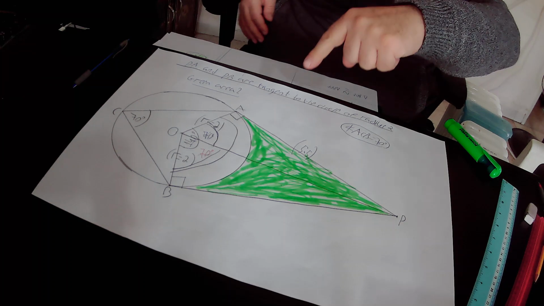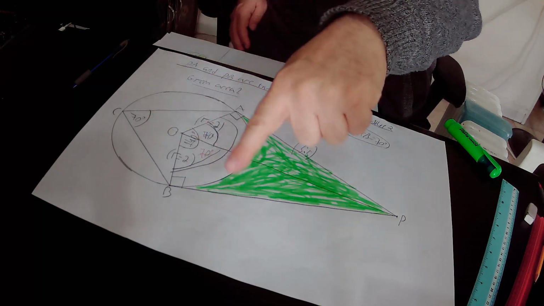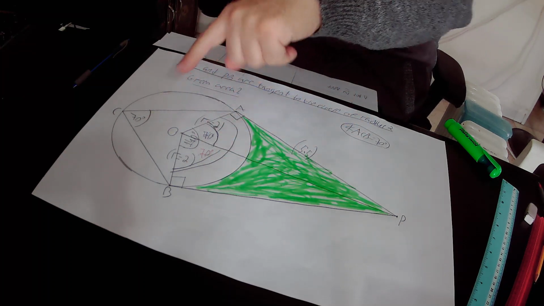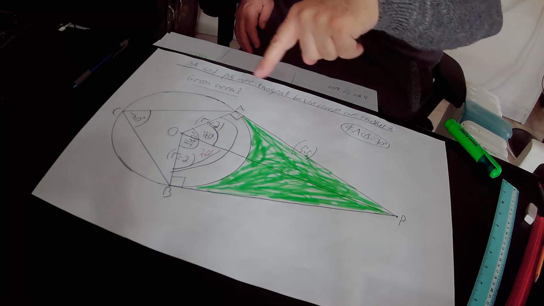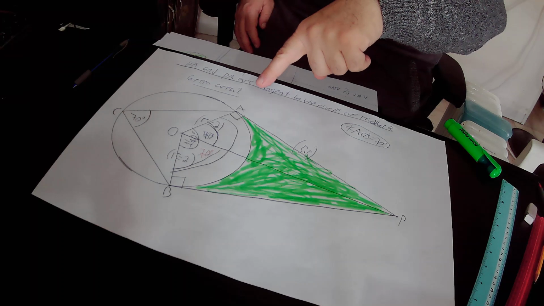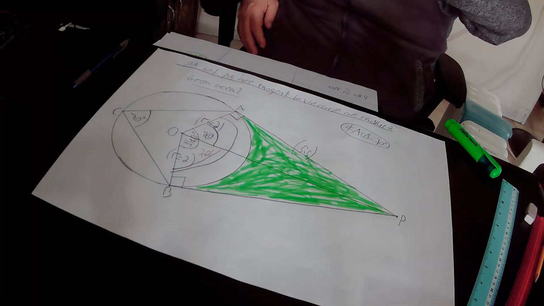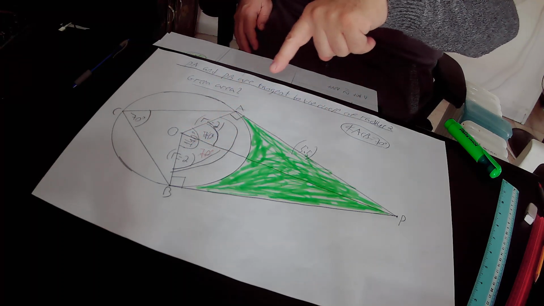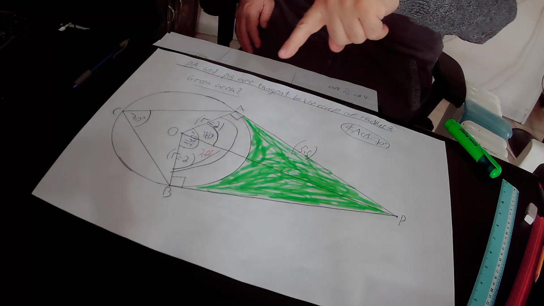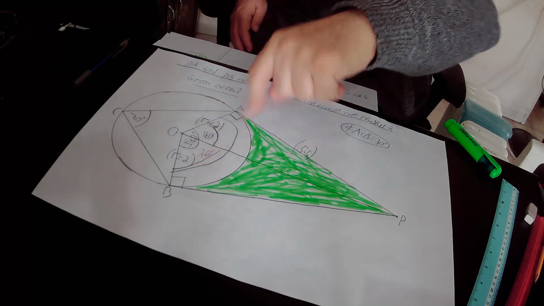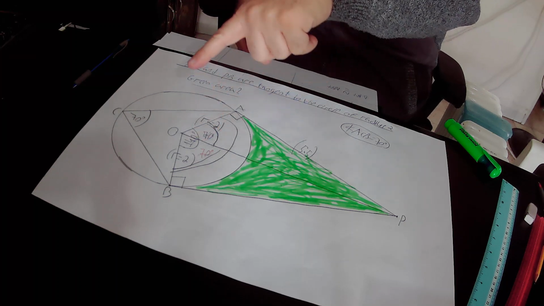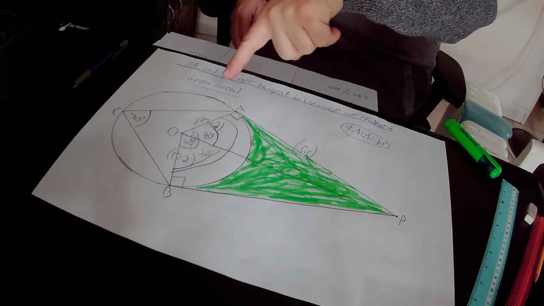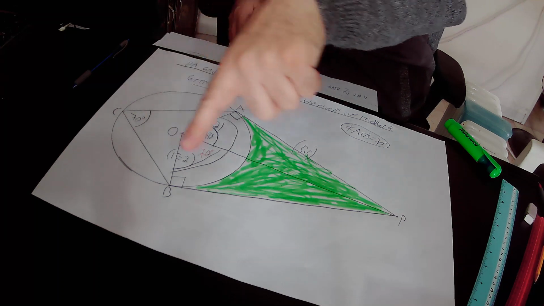In our drawing we have the peripheral angle ACB that equals 70 degrees in its size and is subtended on this arc AKB. We also have the central angle AOB that is subtended on the same arc AKB, and therefore the size of the central angle AOB will be twice as large as this peripheral angle ACB.